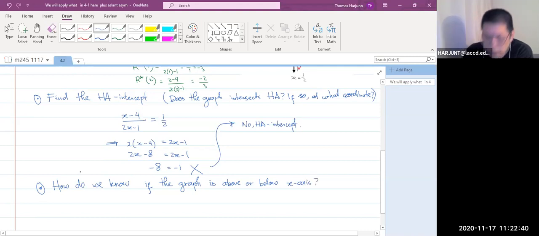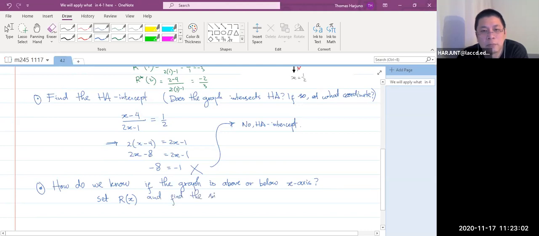We will not do it for this question because it's actually quite clear. But we basically take the original rational function and find the sine graph. Maybe I should say a simpler way: find the sine graph of R(x).